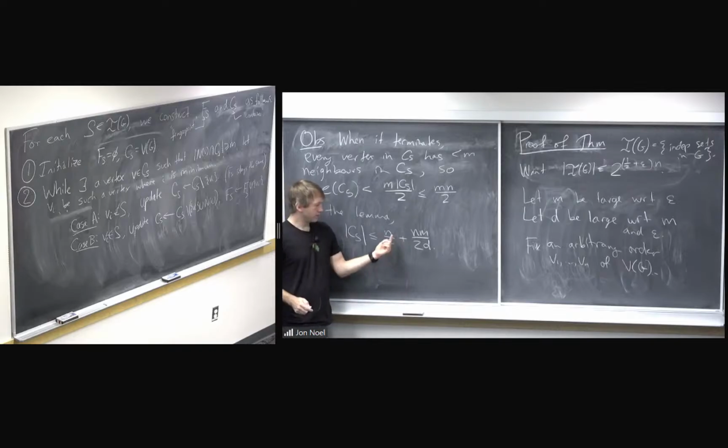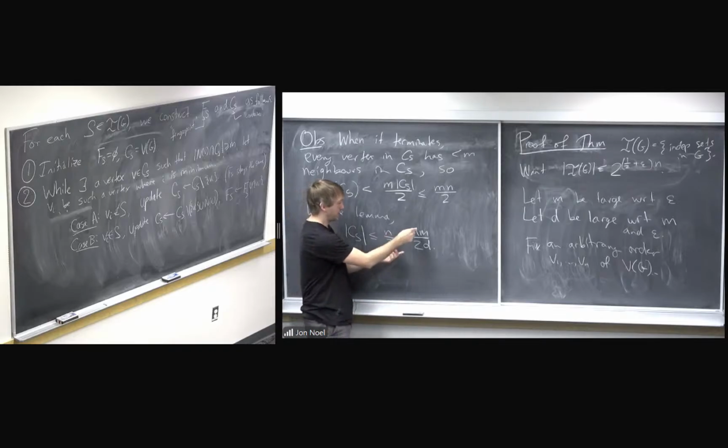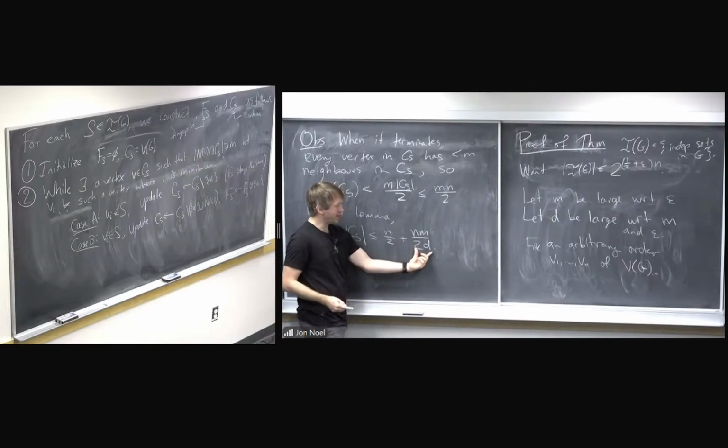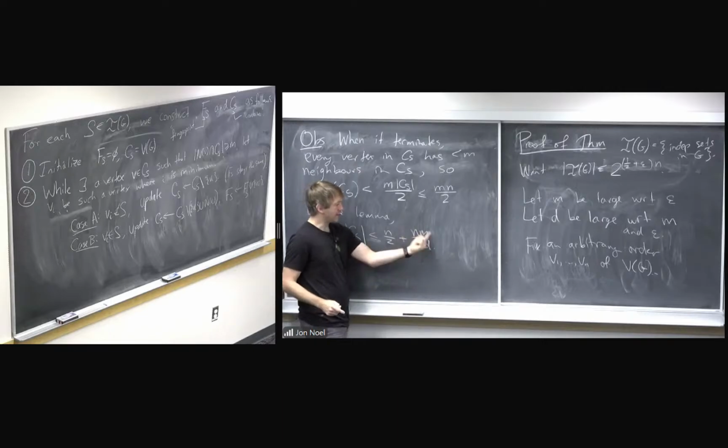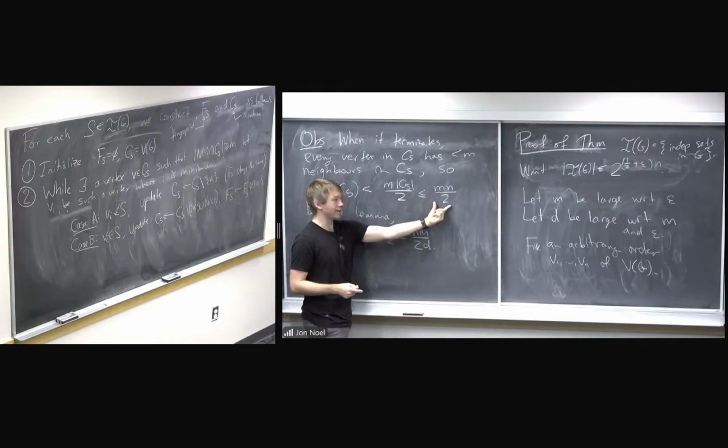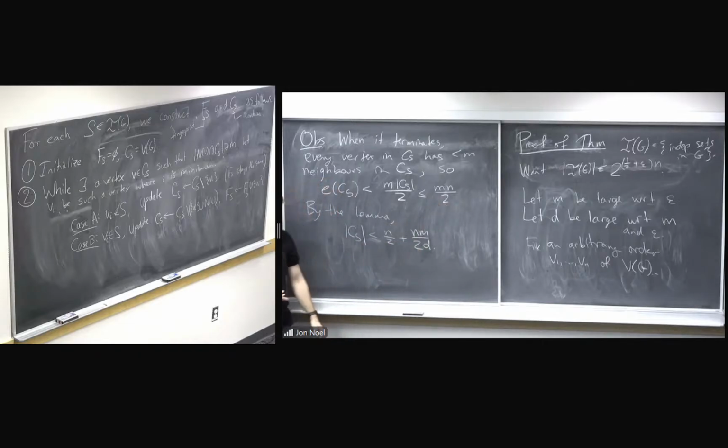If you want to check that, think of this number as being t, and then plug that into the lemma, and you would get at least t times d edges. That cancels the d, so you get nm over 2, which is the number we have here. So the container could be a little bit bigger than n over 2, but not by that much.